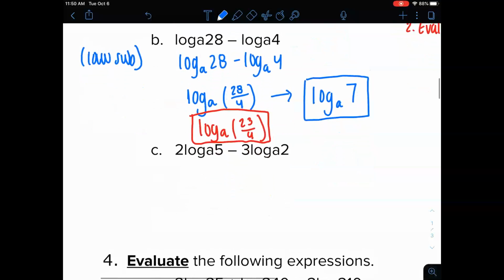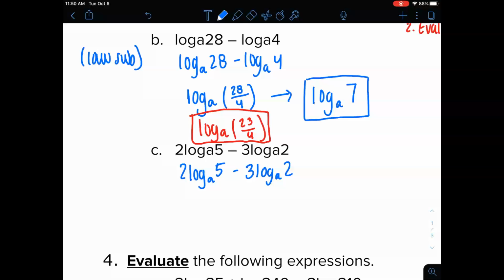Then here for C, again, sorry about the formatting. This should be 2 log of A to the 5 minus 3 log of A squared. Or sorry, let me read this again. So this is saying 2 times log base A of 5 minus 3 times log base A of 2.